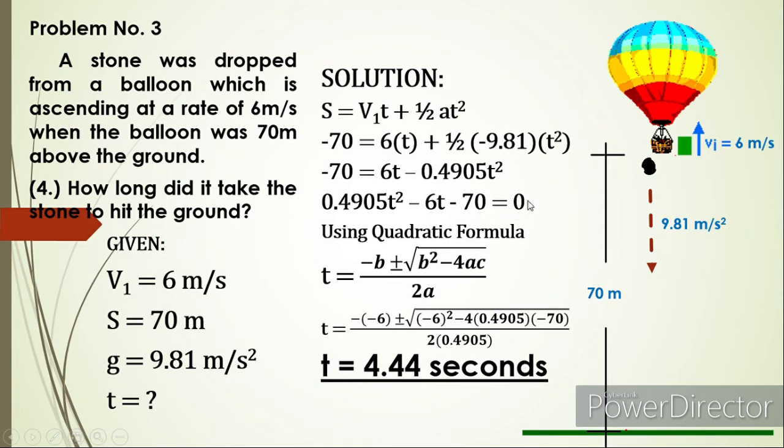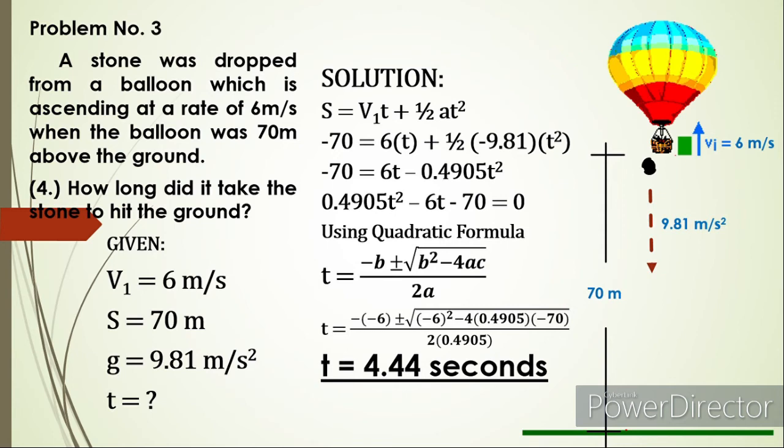So kung naalala nyo sa mathematics natin na subject, meron tayong quadratic formula to find the unknown, which is negative b plus minus the square root of b squared minus 4ac over 2a. Ayan po. So substituting all the values mula doon sa ating quadratic equation, it will result to t is equal to 4.44 seconds.